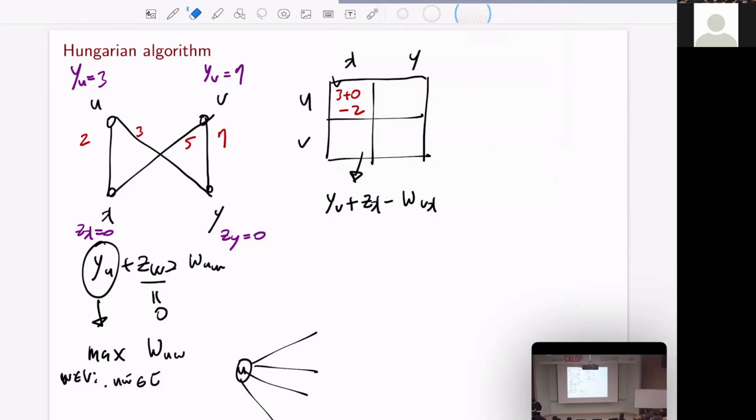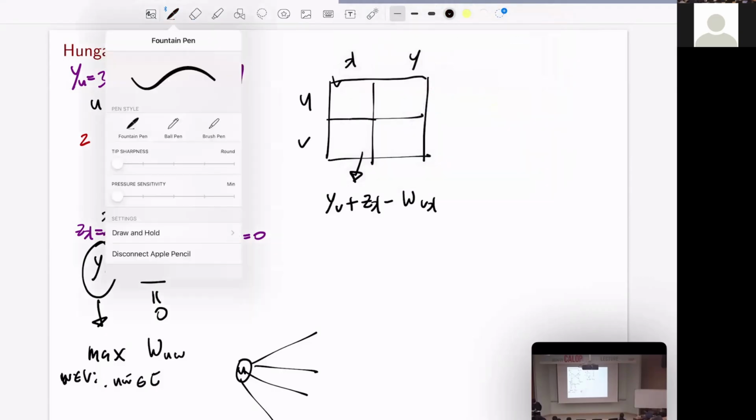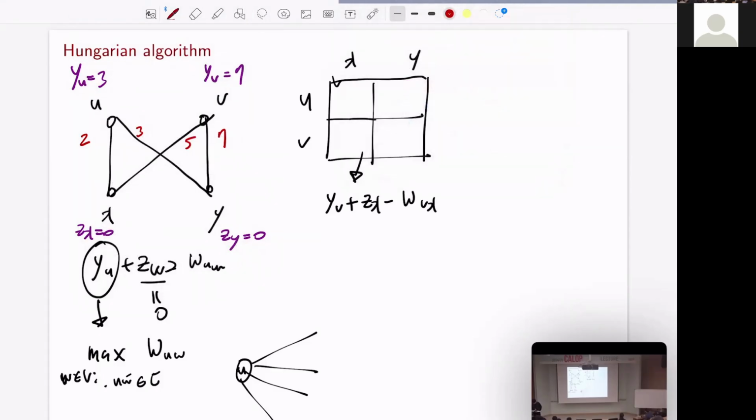It has value 1. What about v and x? yv equals 7, zx equals 0, and wvx is 5. So the value is 2. What about this box? yu is 3, wuy is 3, and zy is 0. So this is 0. And you can also see that vy has value 0.